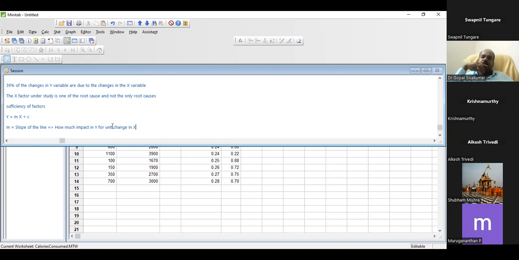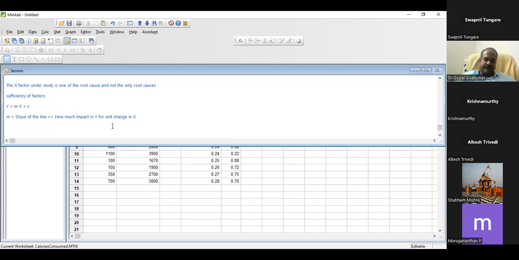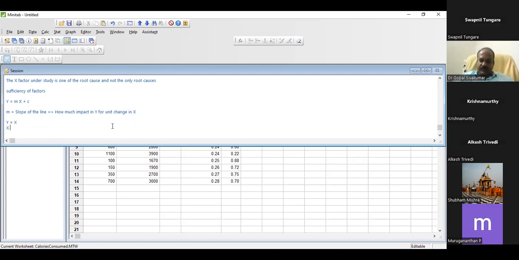Yes, sir. How much change can I expect in y if I make a unit change in my x? Let's say, for example, the equation is y equal to x. Now tell me, if x equal to 1, what will be the value of y? 1.